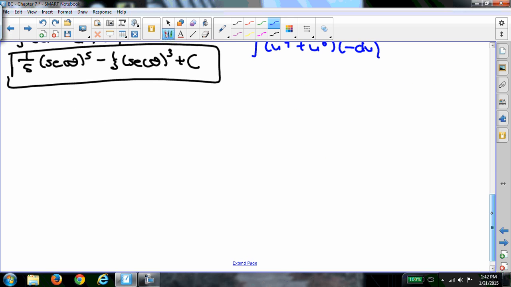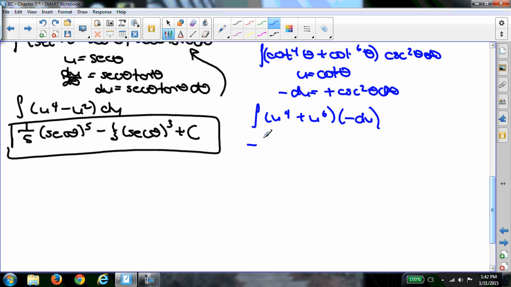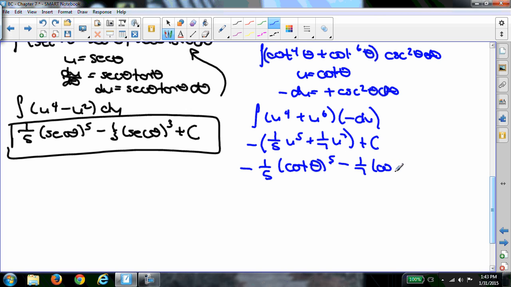So the antiderivative of this would be negative 1/5 u to the fifth plus 1/7 u to the seventh plus c. And then substituting in the original function, negative 1/5 cotangent theta to the fifth minus 1/7 cotangent theta to the seventh plus c.